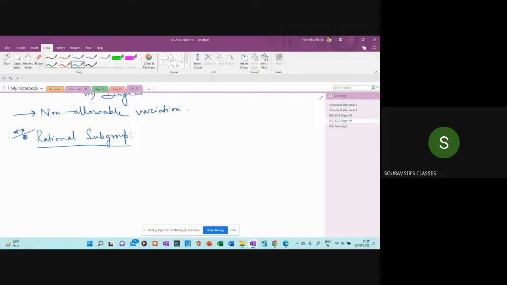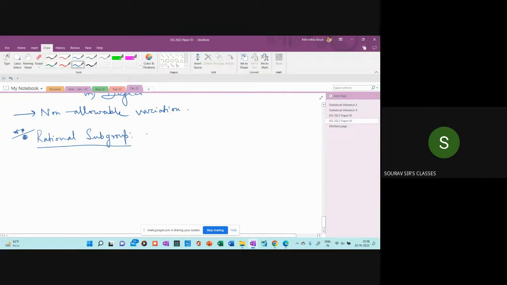We have to collect the data in different subgroups, for which the difference between the subgroups should be maximized and within the subgroups the difference should be minimized.